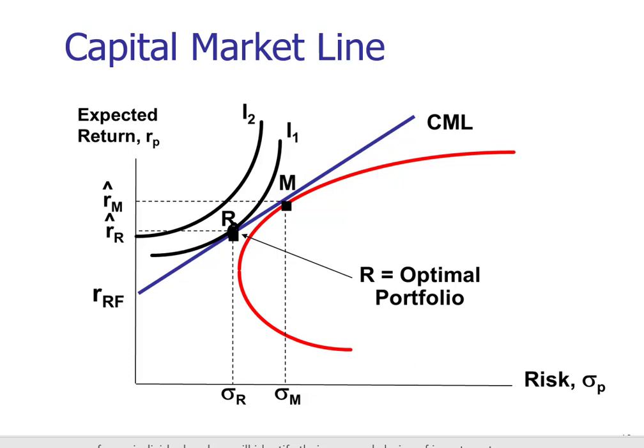You either split the financing by buying T-bills, or Treasury securities, which puts you in this conservative area, or you borrow from the Treasury and use that money to help buy even more M. What happens if you borrow more money? Since borrowing is riskier, that means your return goes up, but so does your risk level.